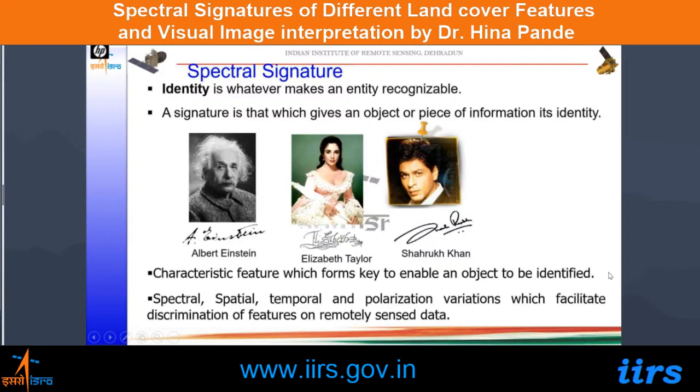Similarly, you can use your fingerprint or your iris for identification purposes. So characteristic features which form the key to enable an object to be identified are called a signature. Spectral, spatial, temporal, and polarization variations which facilitate discrimination of features on remotely sensed data can be used as signatures.